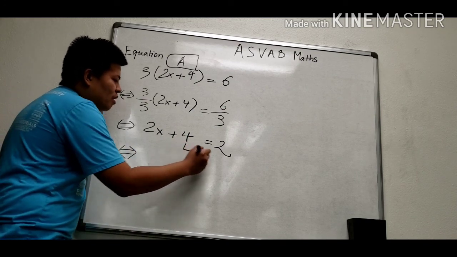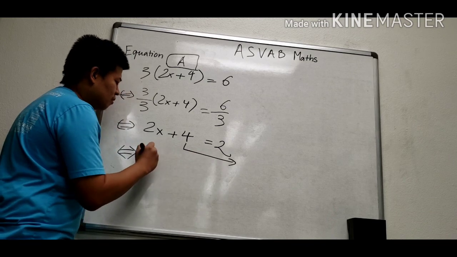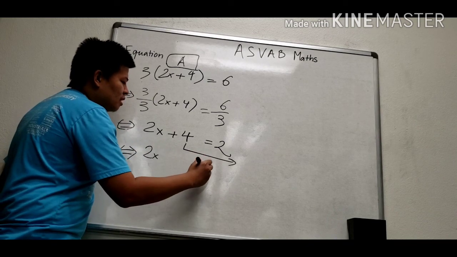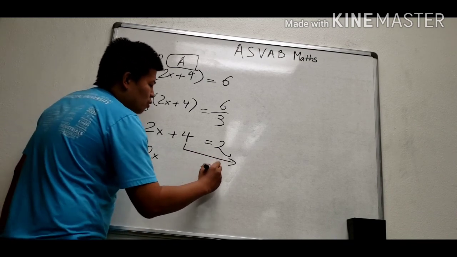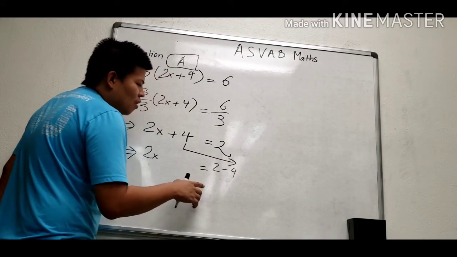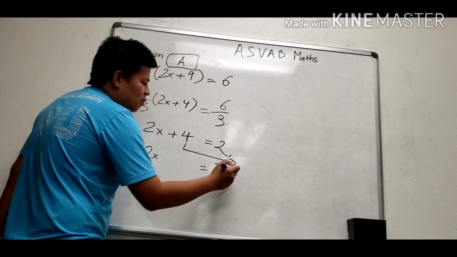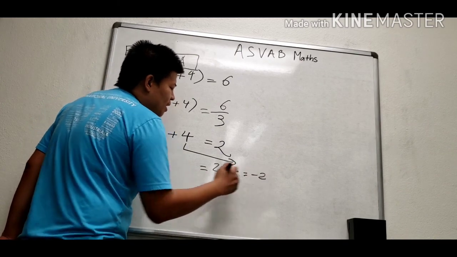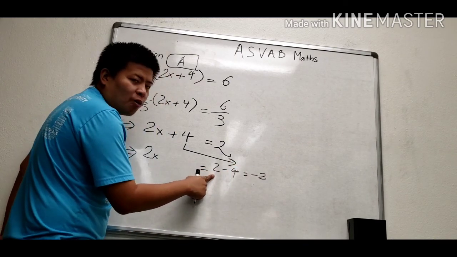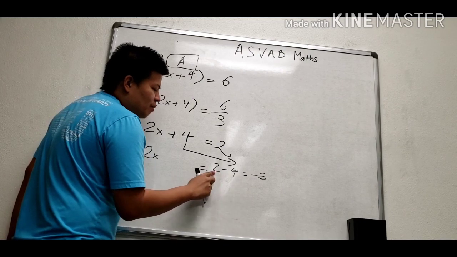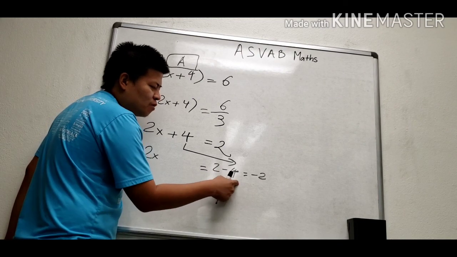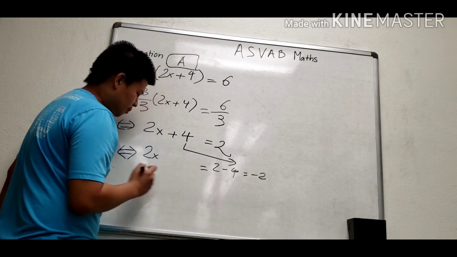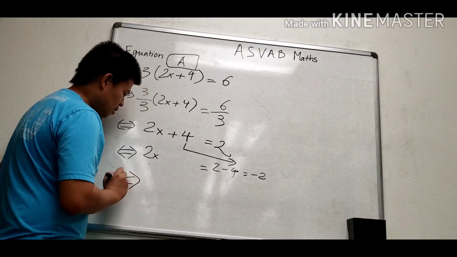And we can do the simple equation. We move number 4 in here. That's 2 minus 4. We know that 2 minus 4 will provide minus 2, because 2 is lower than 4. When we use the number 2 minus 4, you get minus 2.